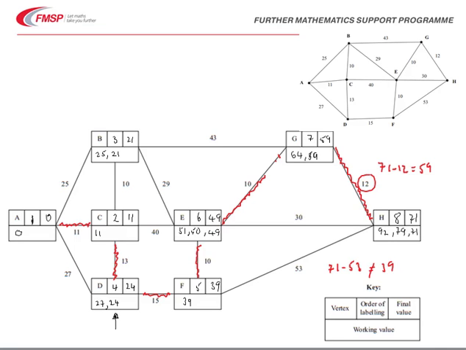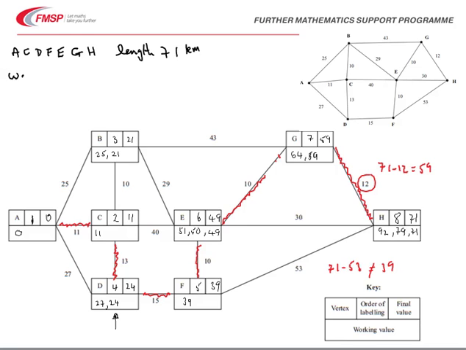So our path is A, C, D, F, E, G, H, and it has a length of 71 kilometers. You need to then put a statement in of how that is done.